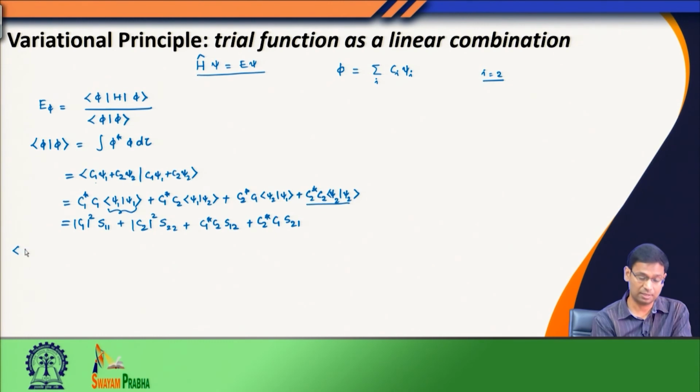Now, let us get the Hamiltonian part. Similarly, I express this in the bra side as C 1 psi 1 plus C 2 psi 2, with the Hamiltonian operator.